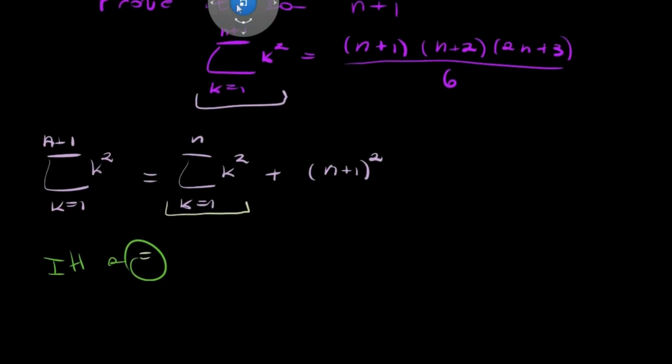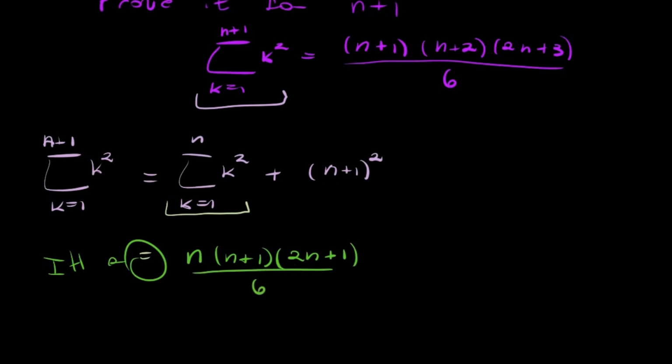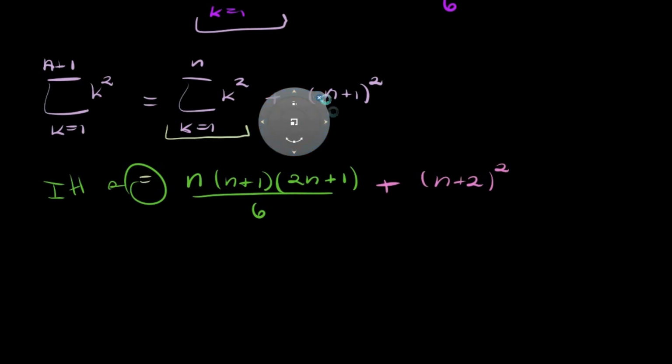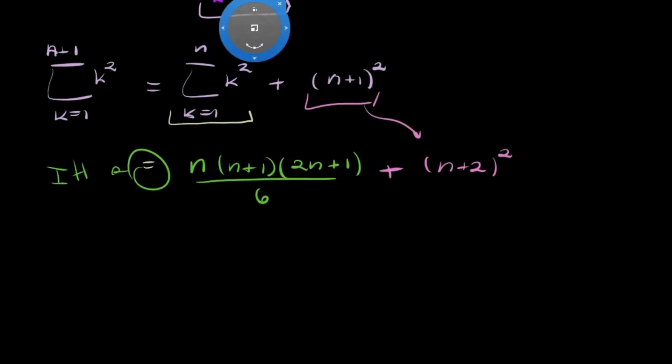So this equals n times n plus 1 times 2n plus 1 divided by 6. And now we have to add this last number, so plus n plus 1 squared. And this goes there.